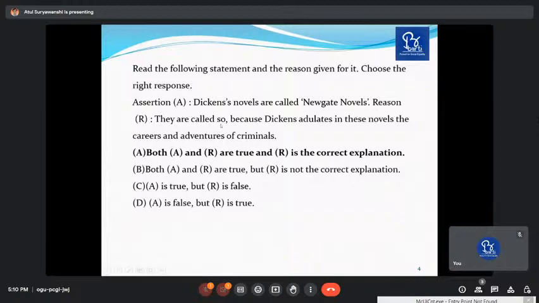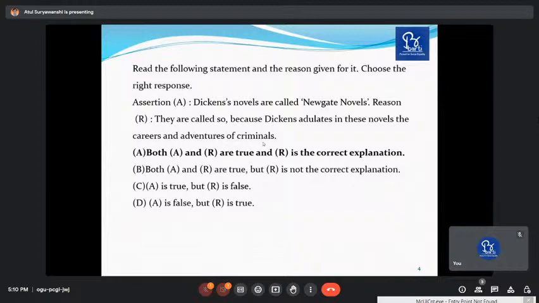They are called so because Dickens adulates in these novels the careers and adventures of criminals. When we try to understand this question, a very important term has been denoted here. The foremost question that arises in my mind is, what are Newgate novels?